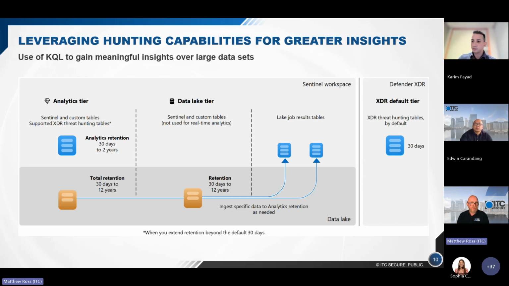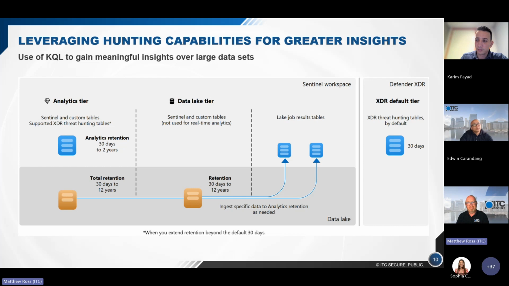And then if we move on to the next section, there's an ability to promote data from the data lake tier into the analytic tier. You might want to do this because you can summarize data, or you can perform KQL queries in the data lake tier that, if they return some data, can be used to trigger detections in your analytic tier.